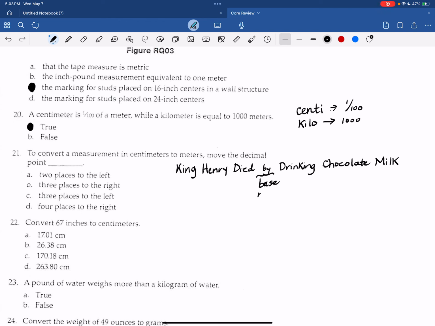And this can be a meter, if you're talking about distance, a gram, if you're talking about weight, or a liter if you're talking about liquid volume. I have experience in the medical world, so this one really helped me to remember these conversions. K in King stands for kilo.